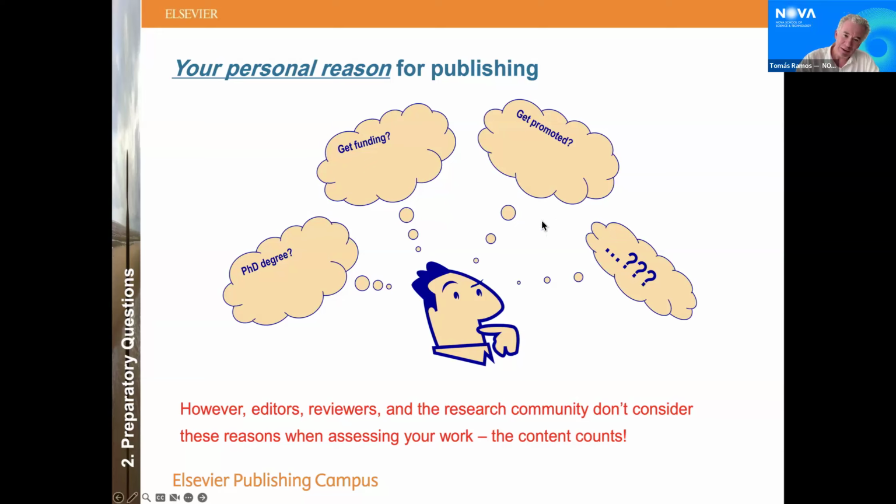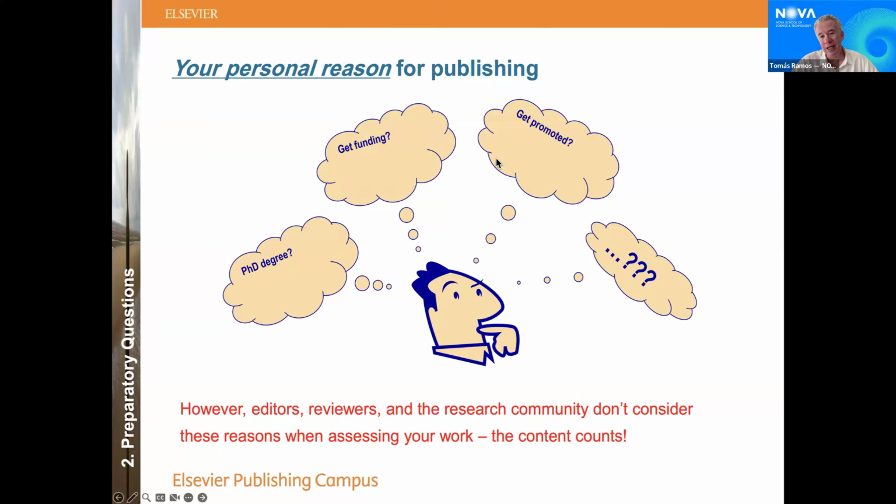Another reason is related to funding. We want funds to support our research. And to get funding, we need to have a good track record. We need to have a good CV, and a good CV includes having publications.